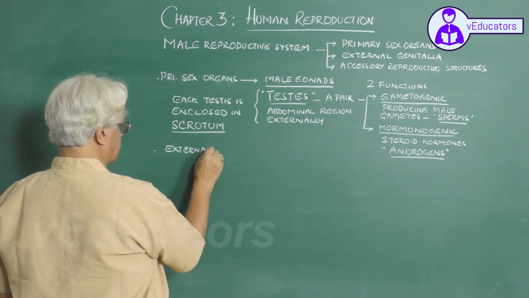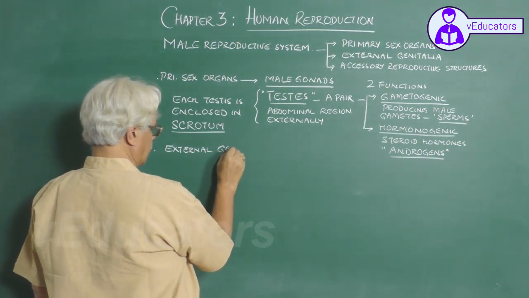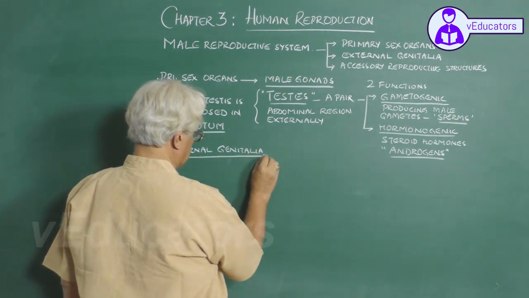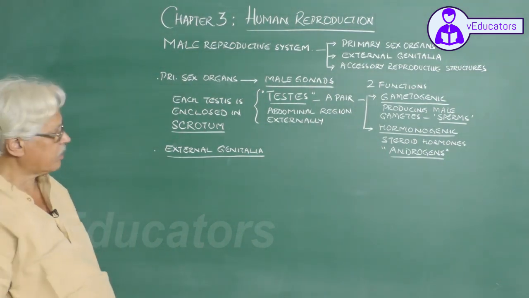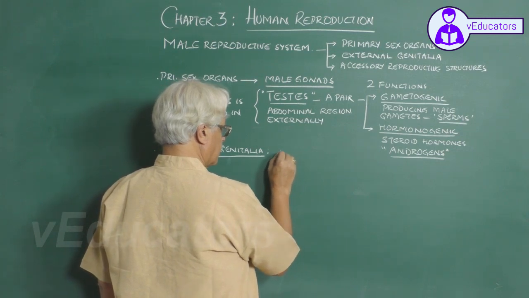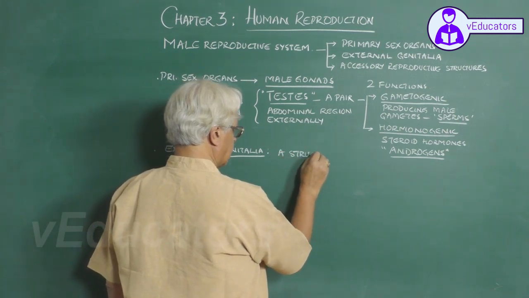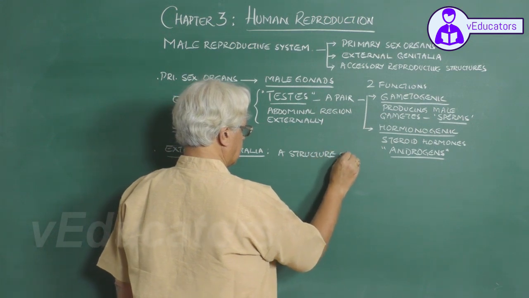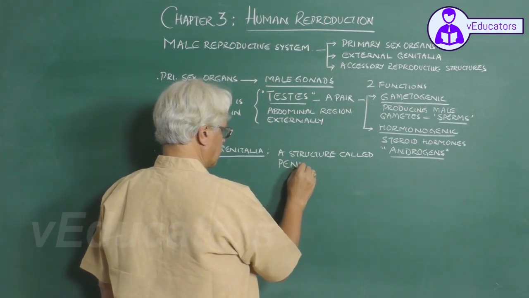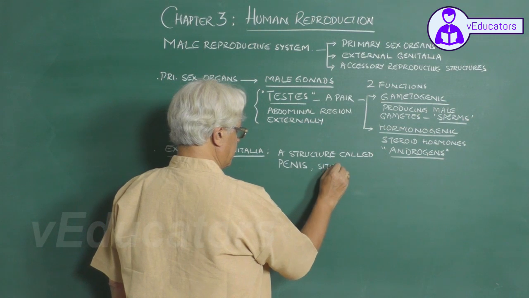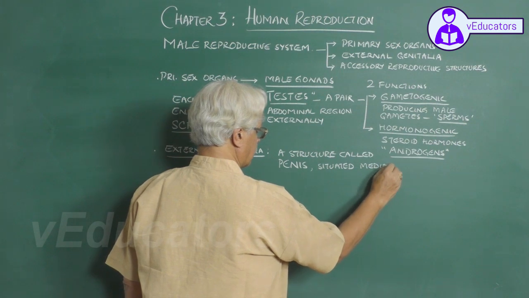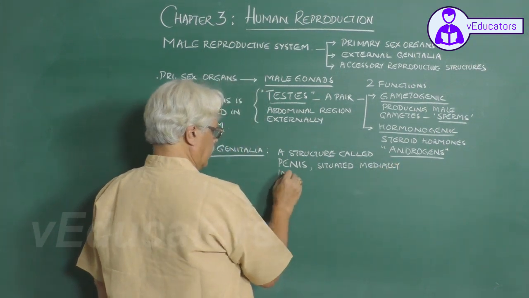The external genitalia is represented by a structure called penis, situated medially in front of the testis.